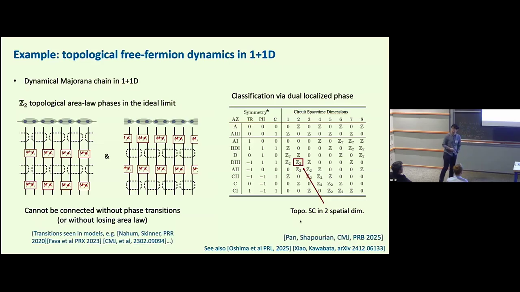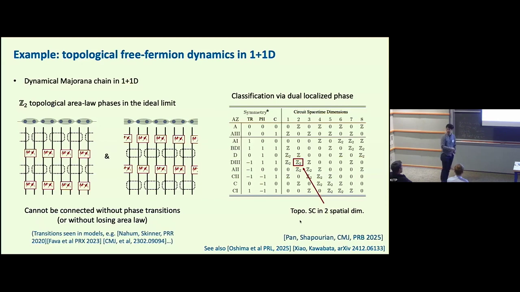On the dynamic side, it's actually really easy to understand why there are two classes, because you can have two types of measurement-dominant phases. You can have all the measurements completely localizing on the even bonds, or the measurements completely localizing on the odd bonds. It will favor two types of Majorana dimerization pattern, and we know from studying equilibrium systems that these types of dimerization patterns are fundamentally distinct.